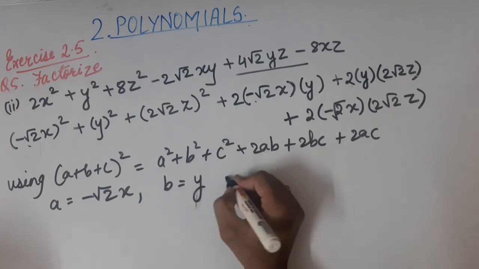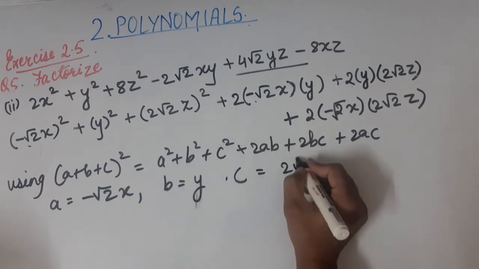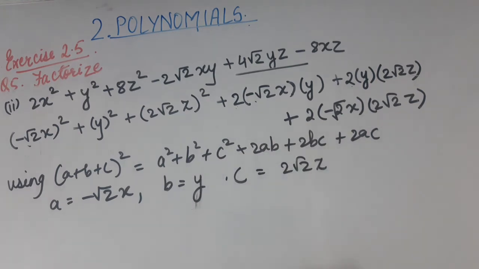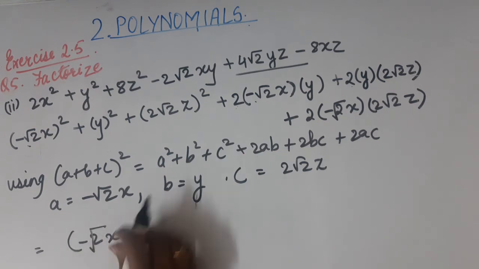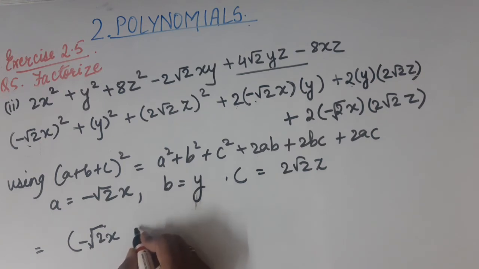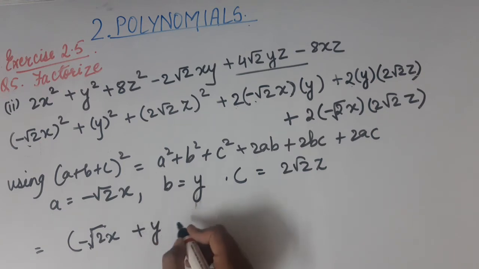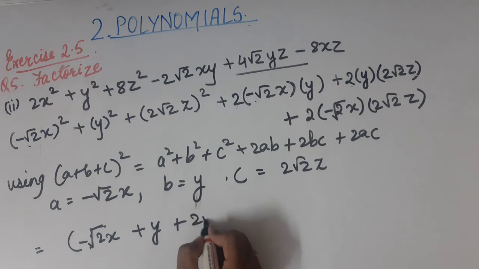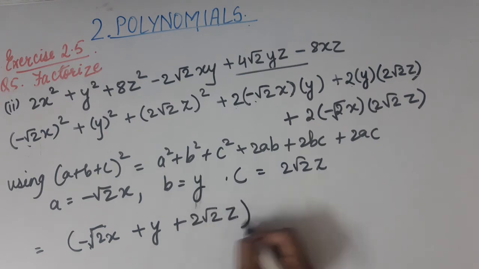Y. And C is 2 root 2 Z. Okay. Now write it as a plus b plus c whole square. You will have minus root 2x plus b, that is plus y, plus c, that is plus 2 root 2 z whole square. So this is the answer for the factorization.